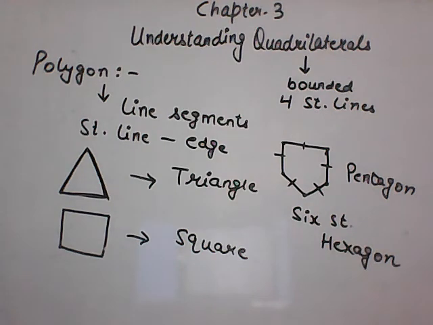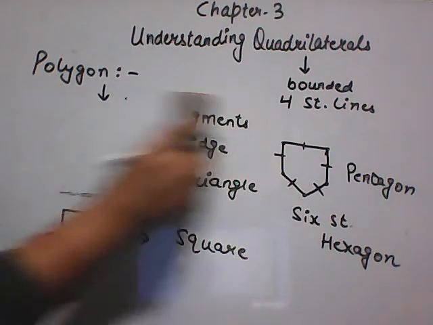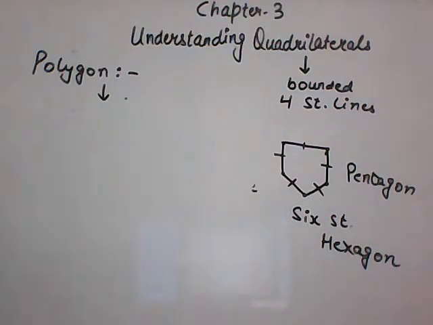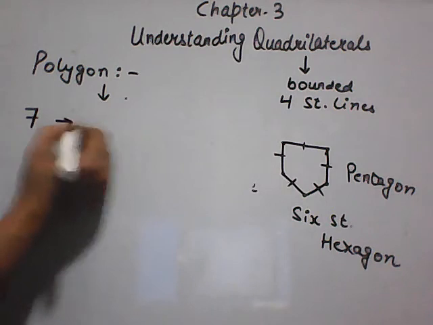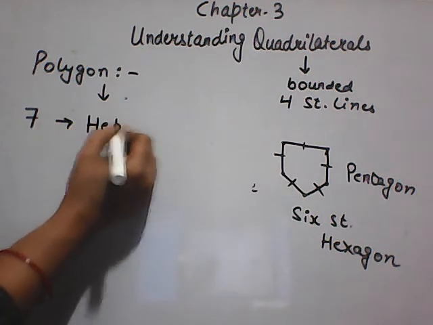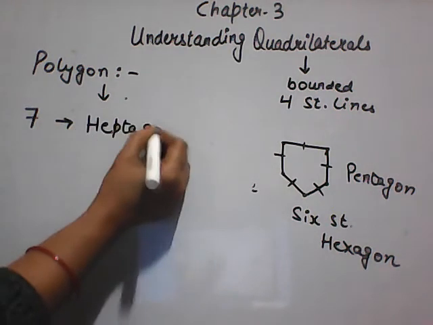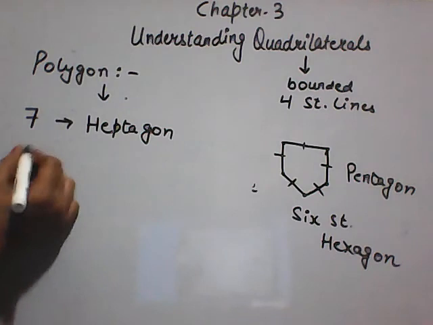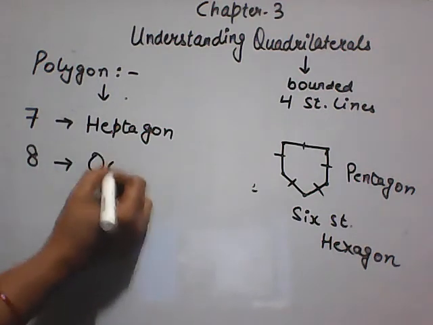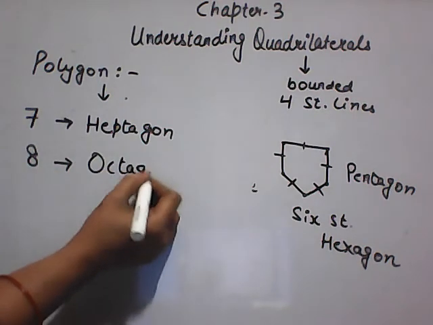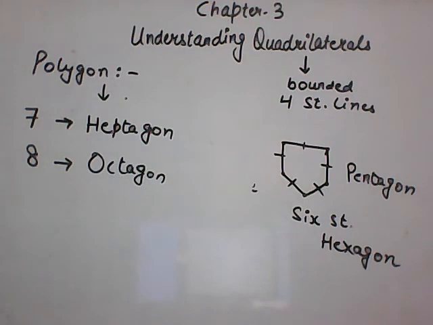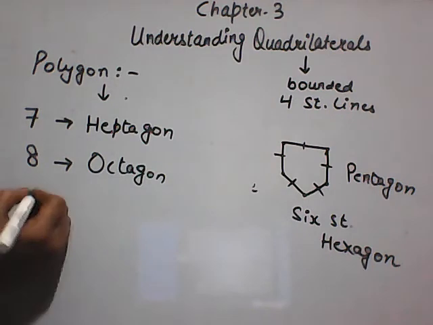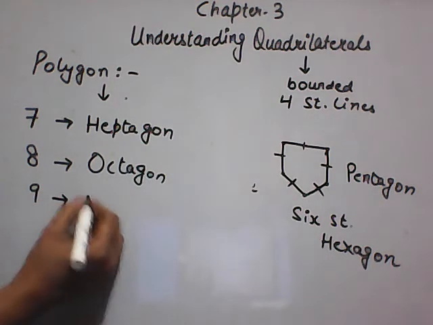Any figure that is bounded by 7 straight lines is known as a heptagon. Any figure that is bounded by 8 straight lines is known as an octagon. Any figure that is bounded by 9 straight lines is known as a nonagon.